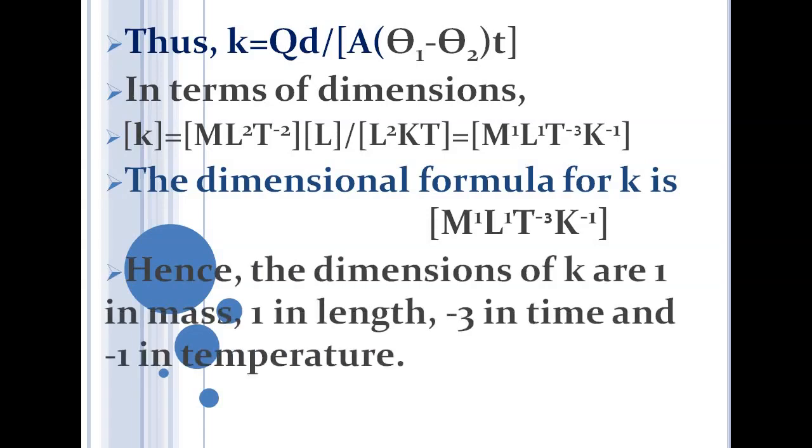So we can say that the dimensions of thermal conductivity are 1 in mass, 1 in length, minus 3 in time, and minus 1 in temperature. In this way, we can find the dimensions of thermal conductivity.